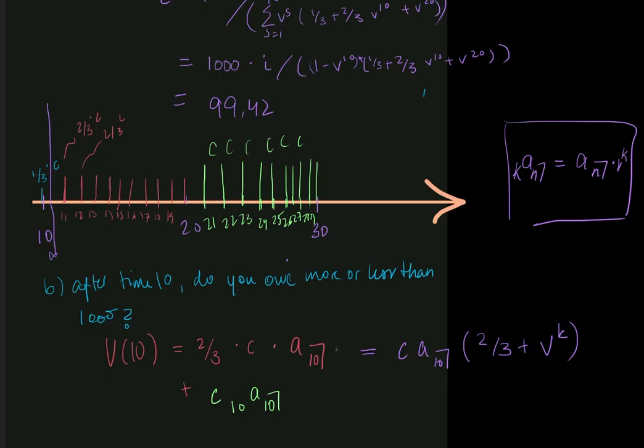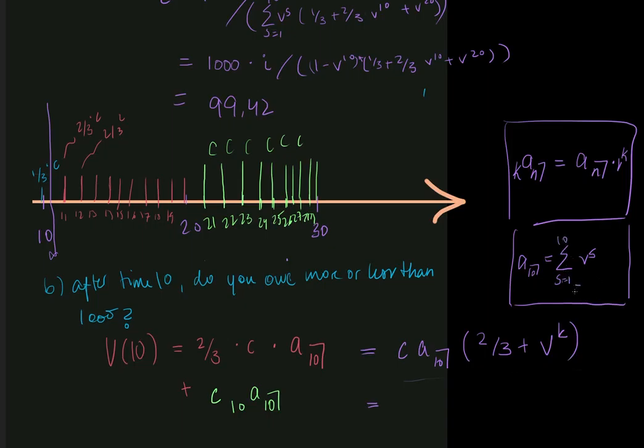So here I have what I have left after the first 10 years. And recalling the present value of an annuity in arrear, this a-10, how do I write it formula-wise? It is the same as the sum of discount factors V to the S, where S goes from 1 to 10.